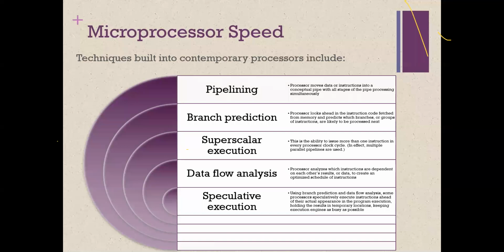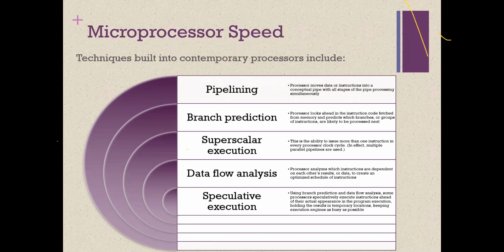And therefore, branch prediction increases the amount of work that is available to the processor to execute. And then we have superscalar execution.